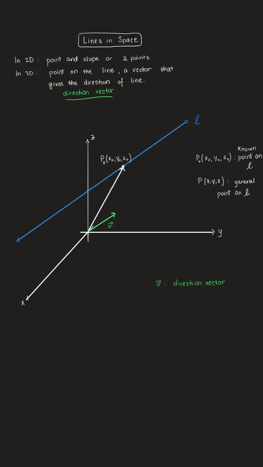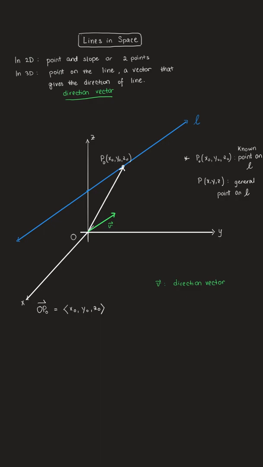And so that vector, let's call this O for origin, the vector OP0 is the vector whose head is at x sub 0, y sub 0, z sub 0, our given point. Right? So here the given point is P sub 0.